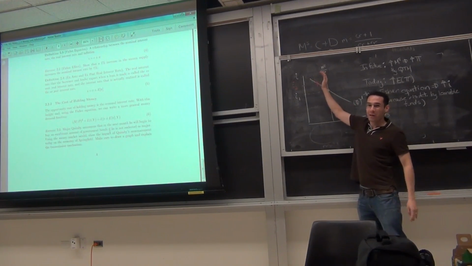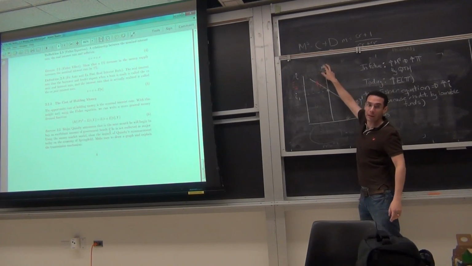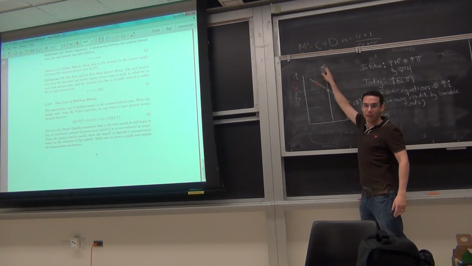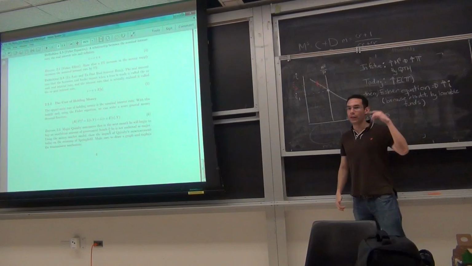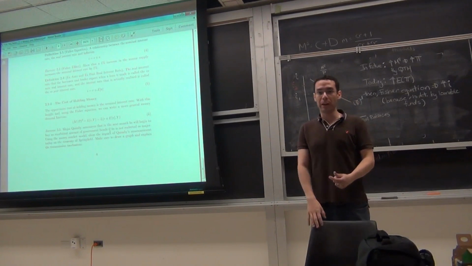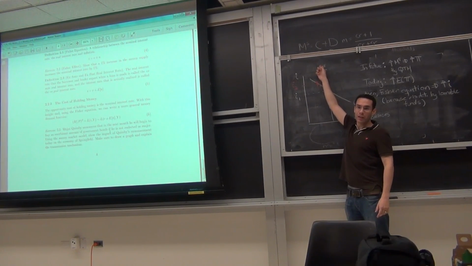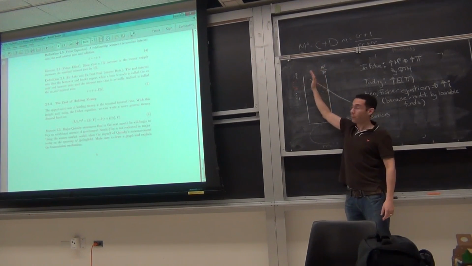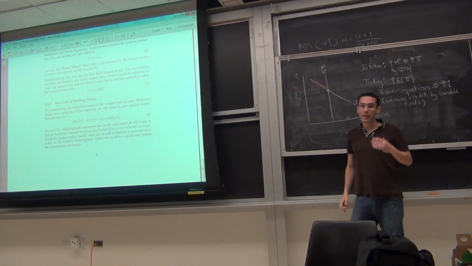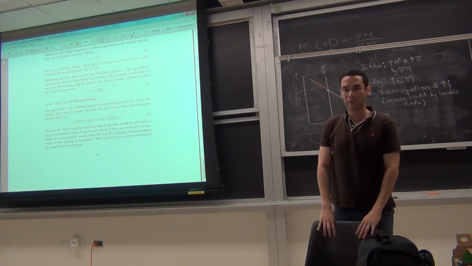Okay, very good. But the thing is that MS is constant. MS is determined by the central bank, right? And they're not changing it today. They're saying, in 3 months, I'm going to change the money supply. So the money supply is not changing, and I need to move the real money supply to the left. That means that prices have to go up, right?